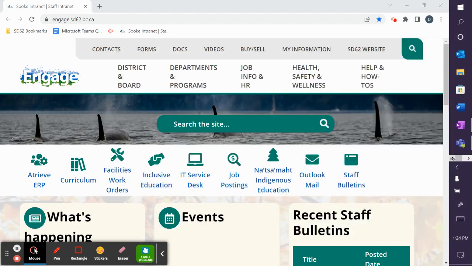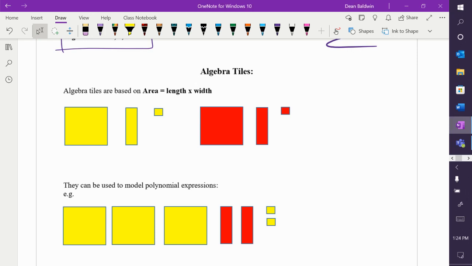All right, algebra tiles. It's based around the area. Area is length times width. So the first one here is what shape? Square. The big yellow one is a square, with a length of x and a width of x.